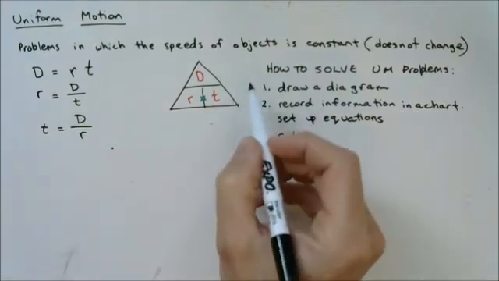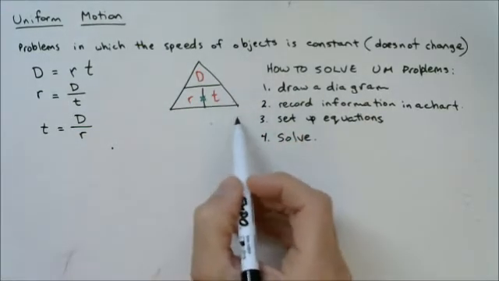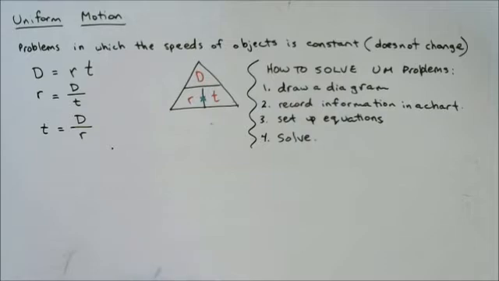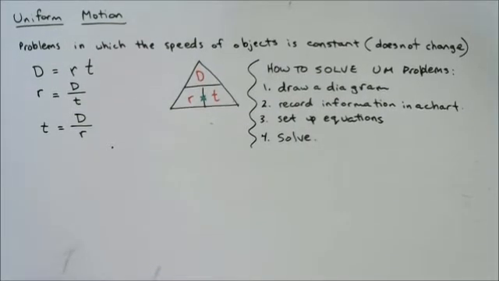Okay, so we're going to be focusing on these variables. We're going to be using these steps, and before we jump into a first example, we're going to talk about a couple possible forms that a uniform motion problem can take.